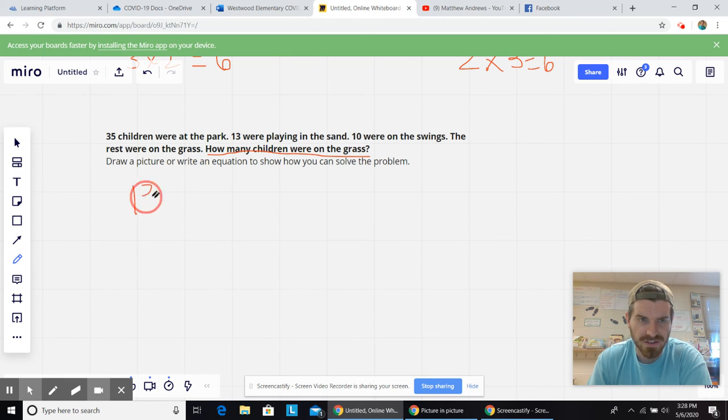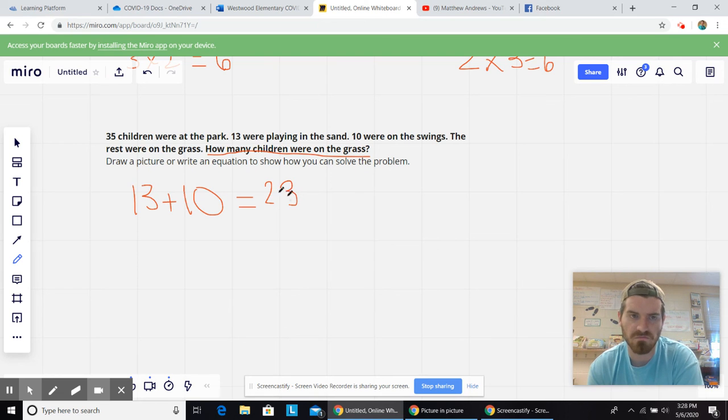So 13 plus 10 is 23. So that means 23 kids were not on the grass because they were in the sand or they were on the swings. And I know how many there were altogether.